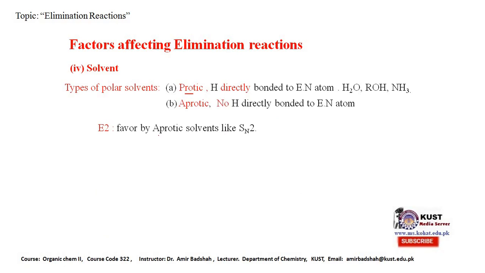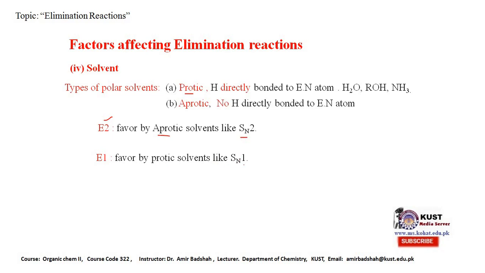Mostly the aprotic solvent will favor E2, just like in the SN2 reaction that we mentioned in the previous lecture. And similarly, the E1 reaction is favored by a protic solvent, just like in SN1. If we use protic solvent, then it will follow the E1 mechanism. If we use aprotic solvent, then it will follow E2, as mentioned in detail in the SN2 reaction.